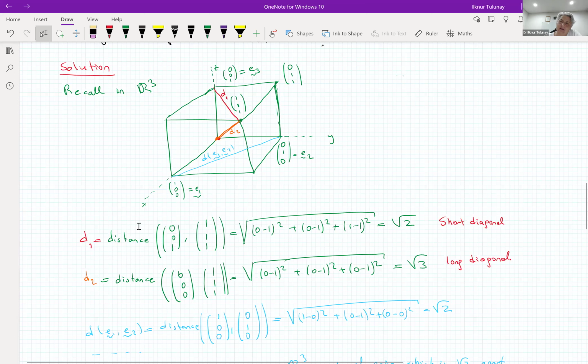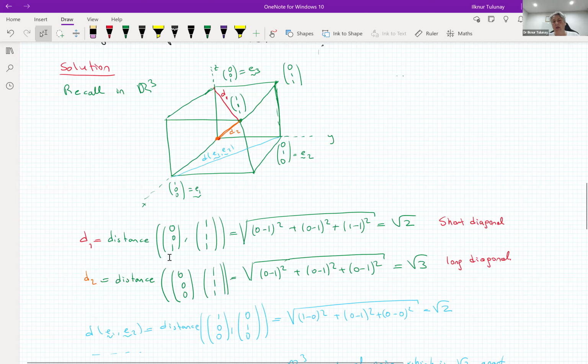There are other distance formulas. In vector spaces, we have many different types of distances. A distance is a kind of measure with a larger concept than here, but here we only have Euclidean distance.